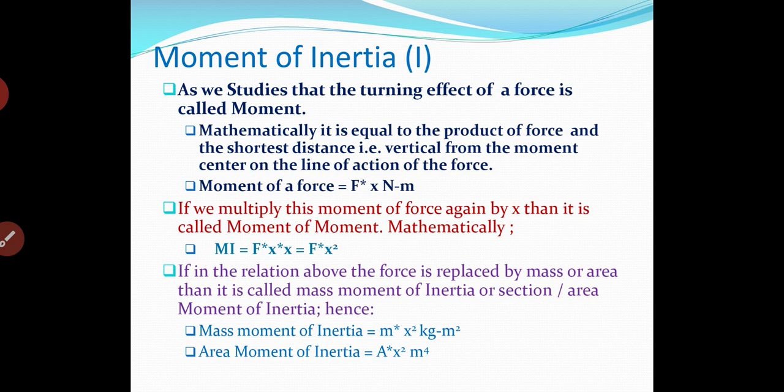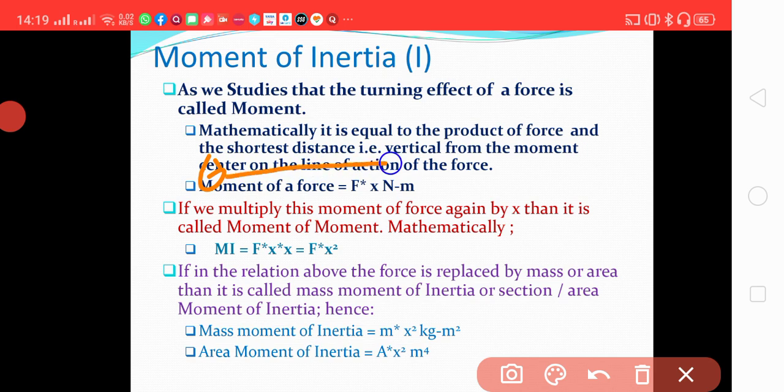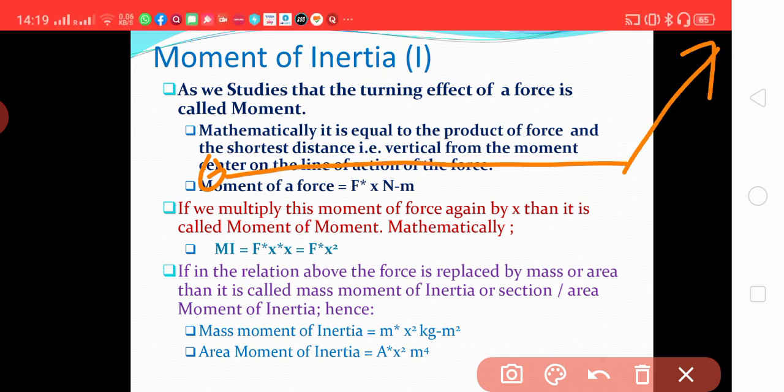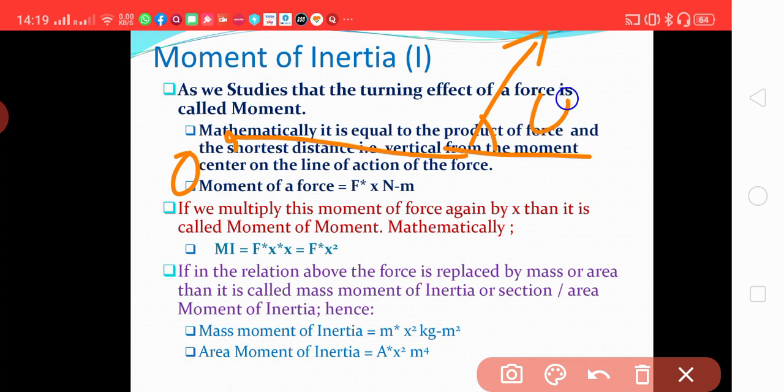For example, if this is the moment center O, and this is a member over which a force P is acting like this, making an angle of theta with the horizontal.